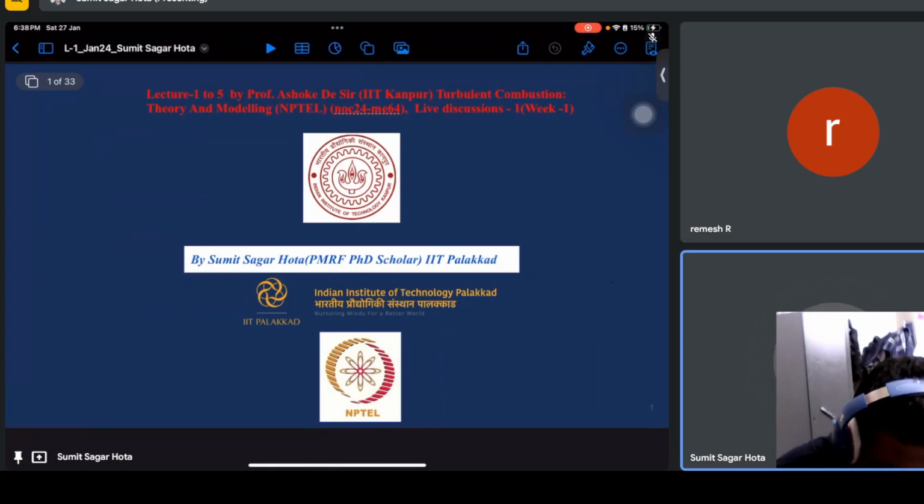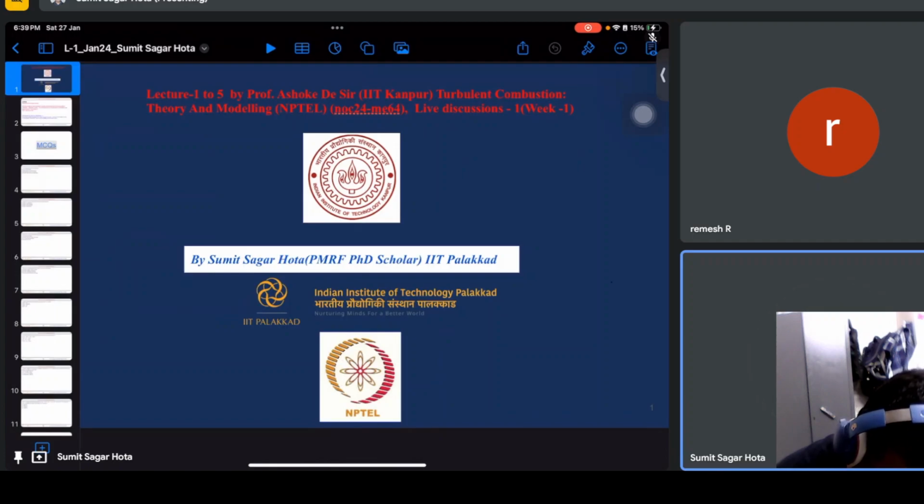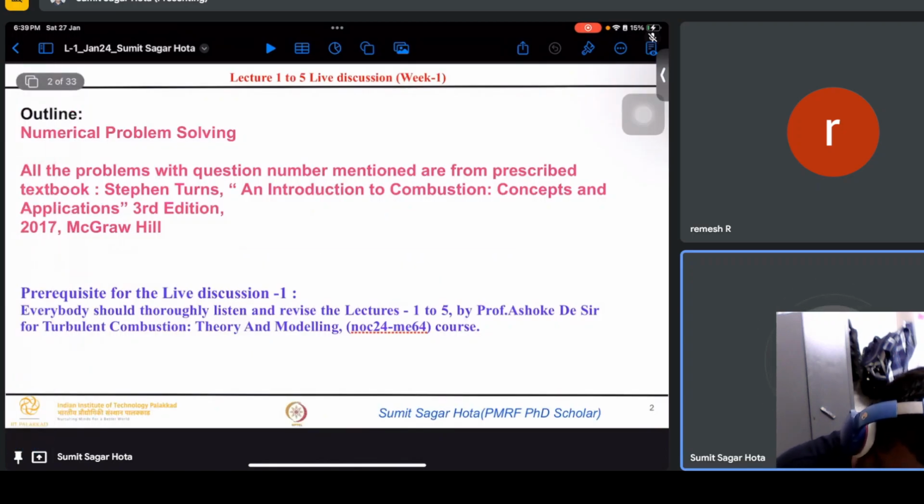I actually follow one textbook. Sir also follows one book, that is SR Turns. Actually, there are lots of books available. One of the books that I also follow for the problems, mostly the problems whatever I will solve for this course, all the problems are from this book.